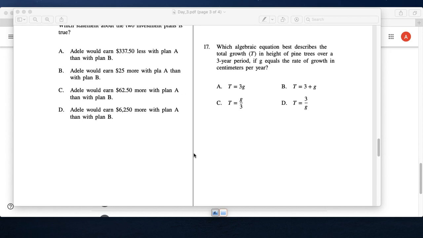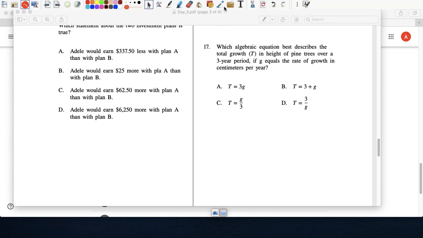17. Which algebraic expression best describes the total growth T in height of pine trees over a 3-year period if G equals the rate of growth in centimeters per year? All right, 3-year period. G represents the growth that happens in a year, and we want to know how much it grows in 3 years.